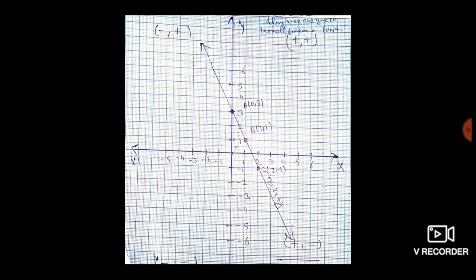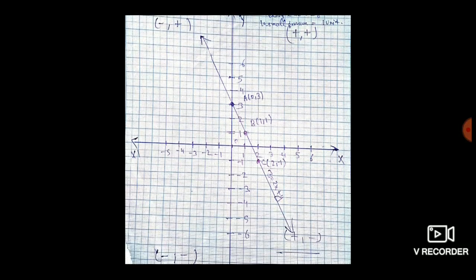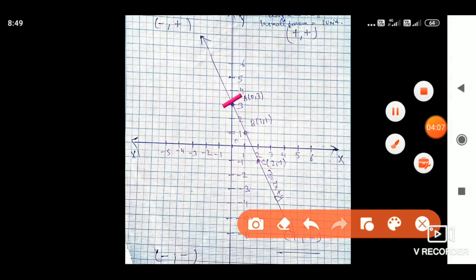This is point A. Point A lies on the y-axis. Second is 1 comma 1, both are positive. X is 1, y is also 1, it lies in the first quadrant, that is point B. And third is 2 comma minus 1. Now x is positive and y is negative. X positive and y negative lies in your fourth quadrant.